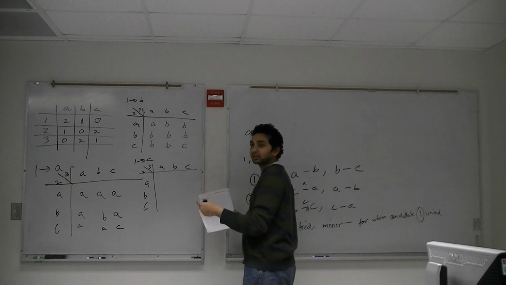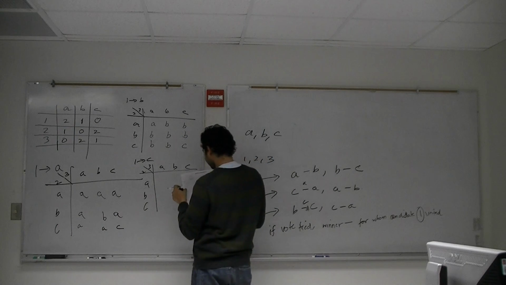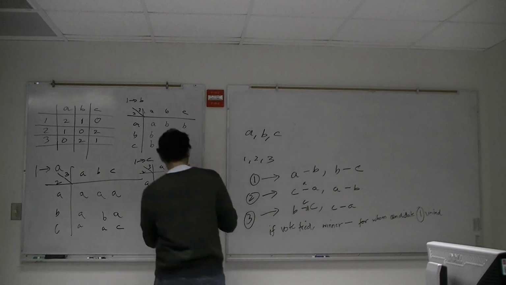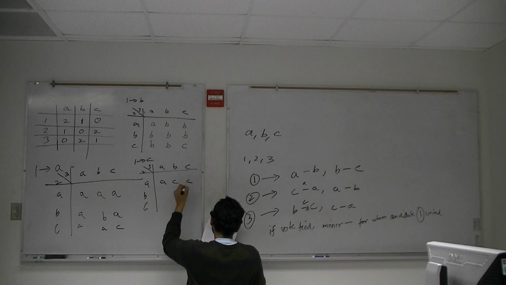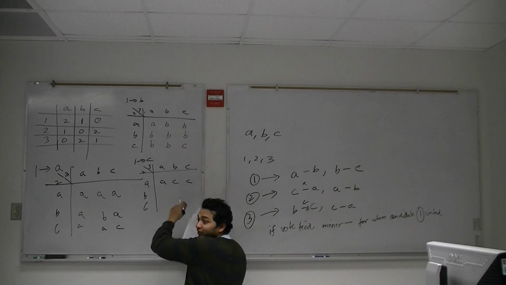I'll just write everything down then. So this is A, C, C. Just correct me if I'm wrong, I could be wrong.